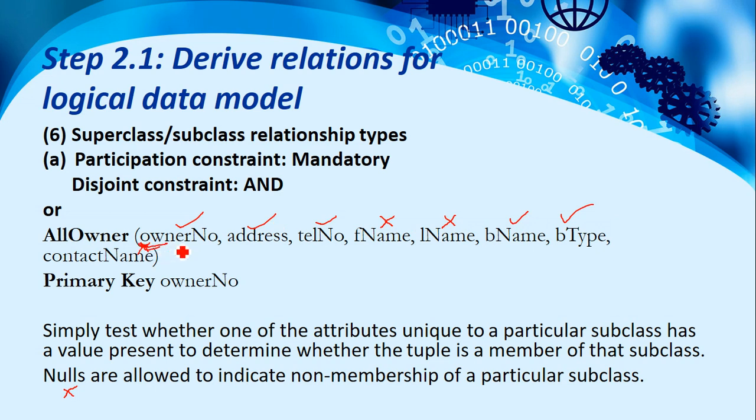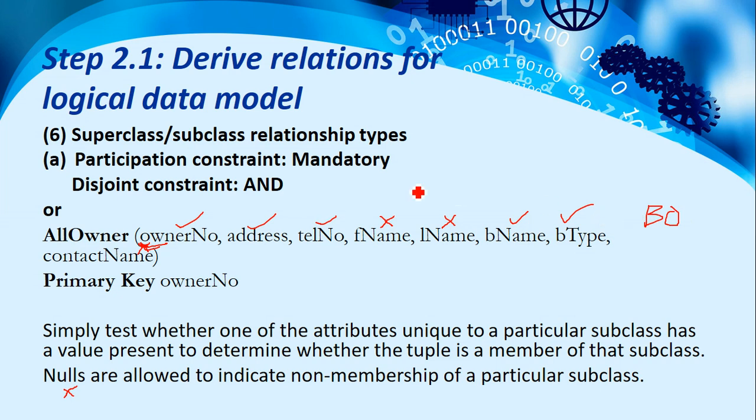This time, we're going to insert a new owner record in which lahat ng attributes niya may value except yung first name and last name. So automatic, ibig sabihin, itong record na to, business owner pala siya.